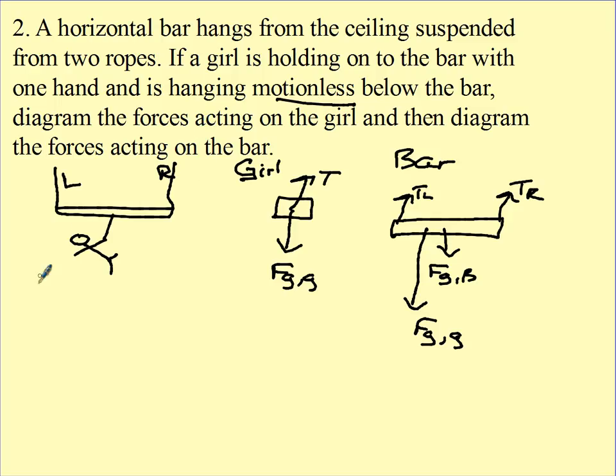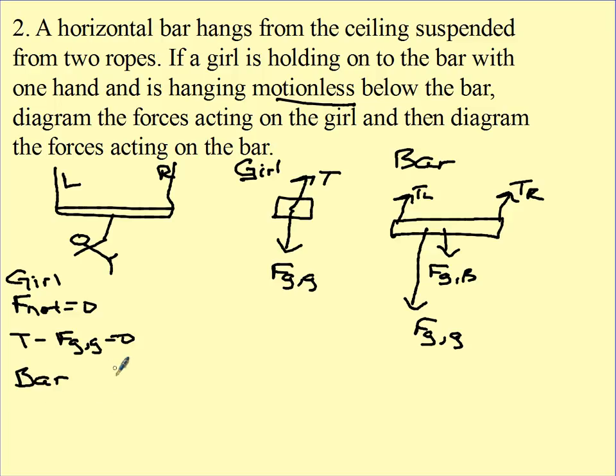My net force equations are going to be 0 because it's not moving. For the girl, F net equals 0. Remember to write girl here. So I have tension of the girl minus Fg of the girl equals 0. For the bar, what do I have?